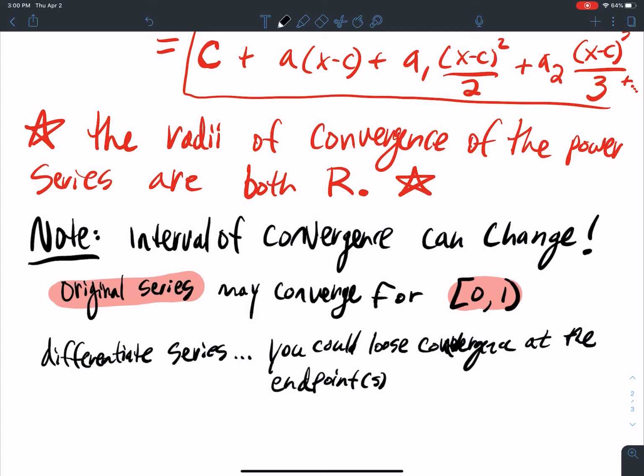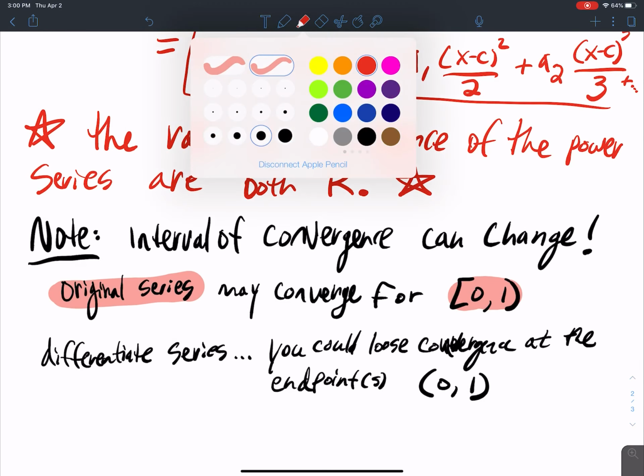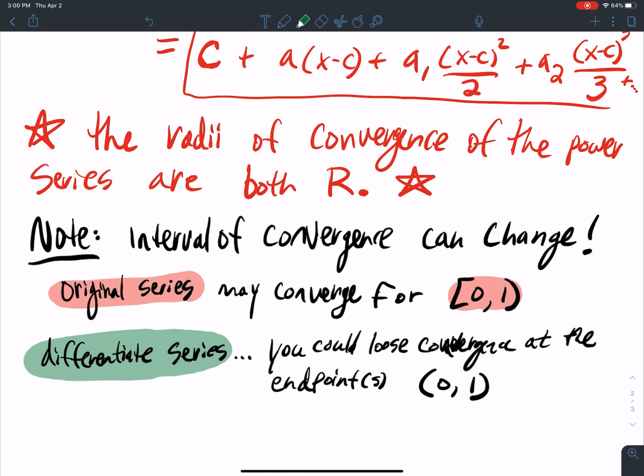Okay? What does that mean? That means all of a sudden, your interval of convergence might look like this. So if you differentiate, you could lose an endpoint.